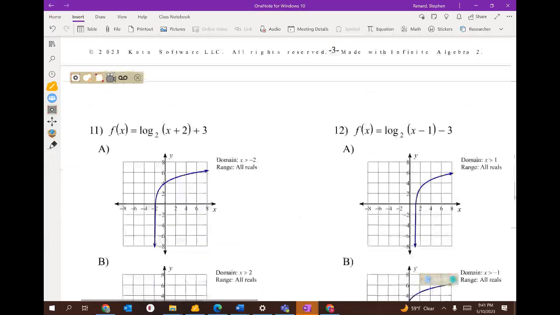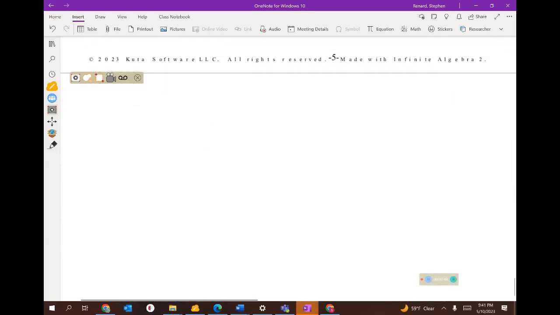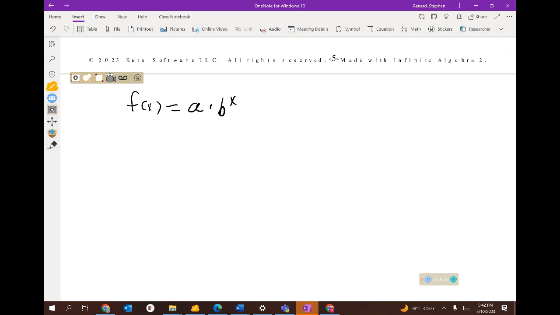So let's start on, before we go, just some basics. The generic exponential function looks like this, with this being kind of our key.